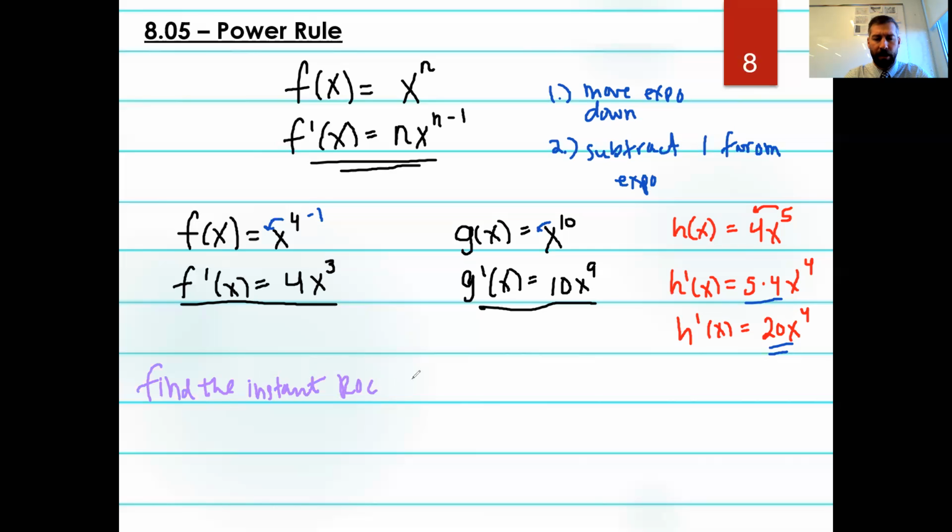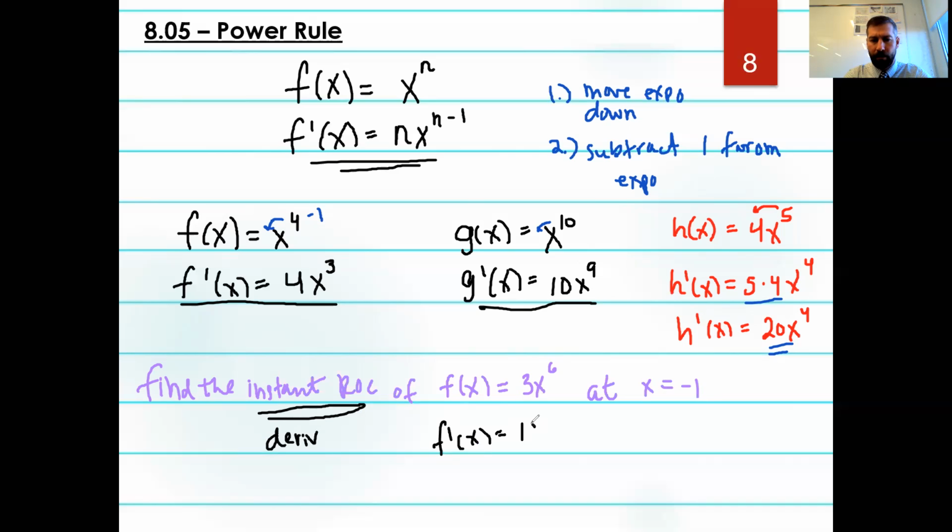So let's find the instantaneous rate of change of f of x equals 3x to the 6th at x equals -1. So in order to actually find that instantaneous rate of change now, the first thing that I have to kind of remind myself is instantaneous rate of change is talking about the slope of the tangent line, or the derivative. So I'm going to take the derivative.